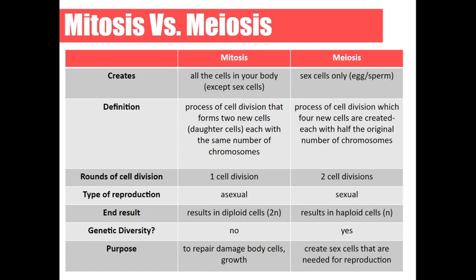So your end result for mitosis is going to be your two diploid cells, which are your 2N, while meiosis will result in your haploid cells, which is N.